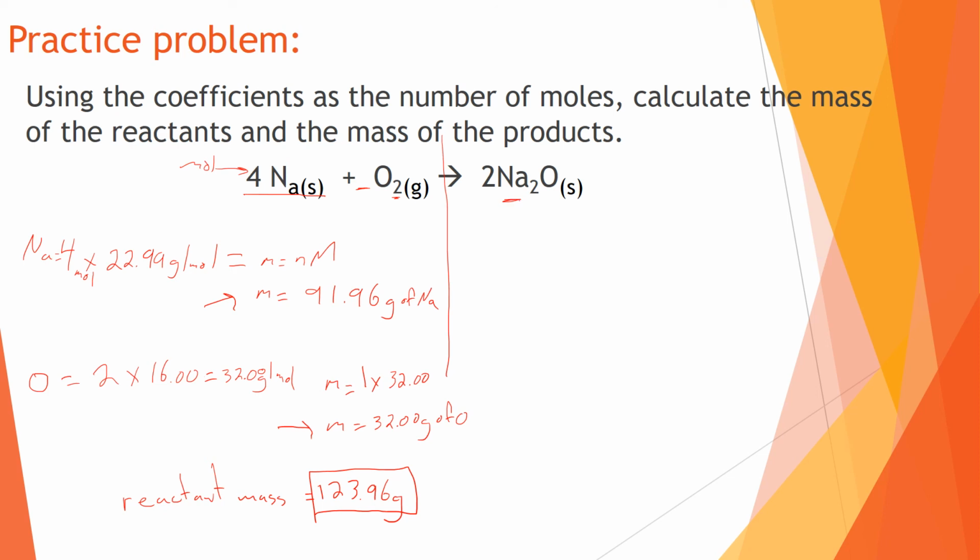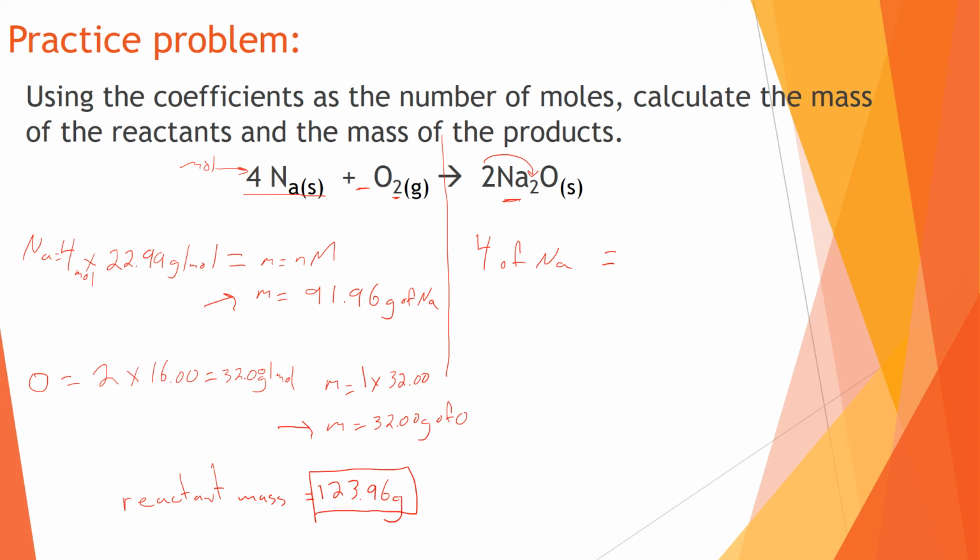Now if I look over here, how many moles of sodium do I have? Well, I have 2 moles of sodium oxide, but there are 2 atoms per mole. So I would have to go 2 times 2. That's a total of 4 moles of sodium atoms, which we calculated already. But let's do it again.